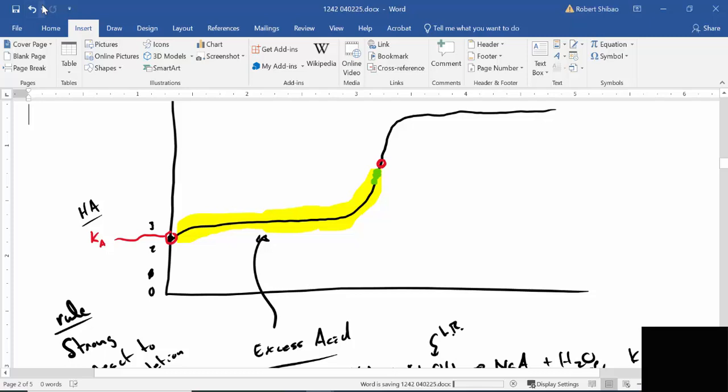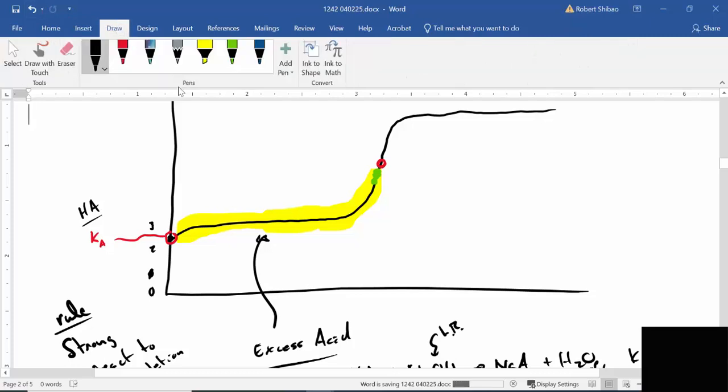All right, then the next point on this titration curve is what we call the equivalence point here, except it's different than the previous equivalence point.